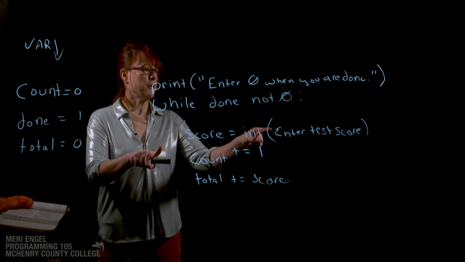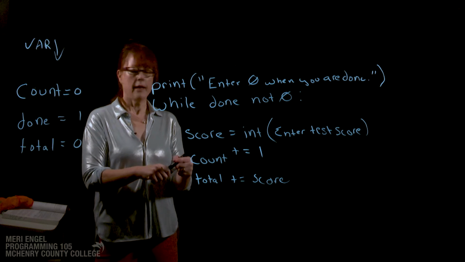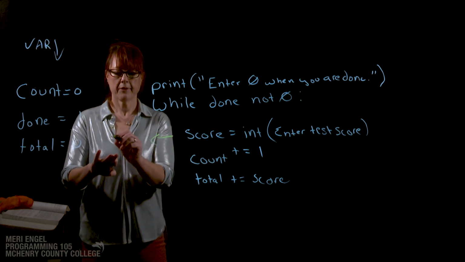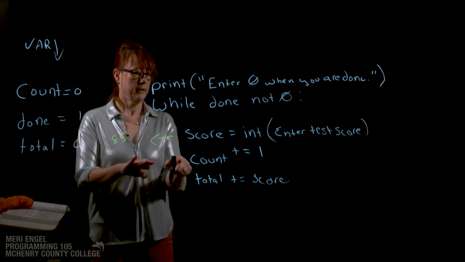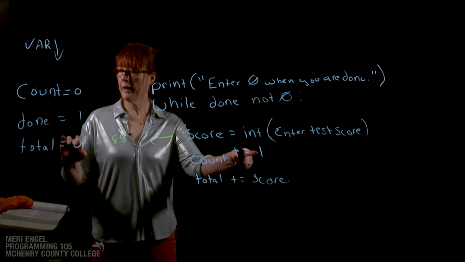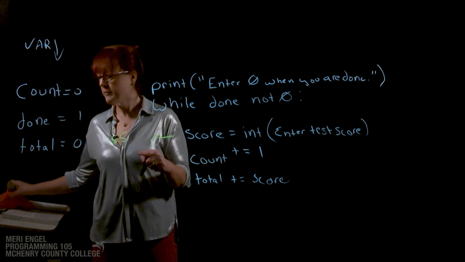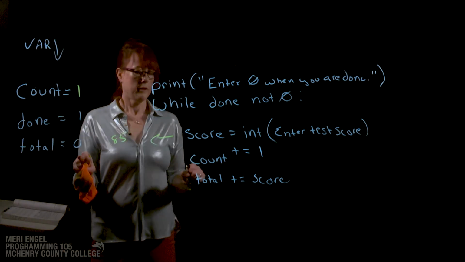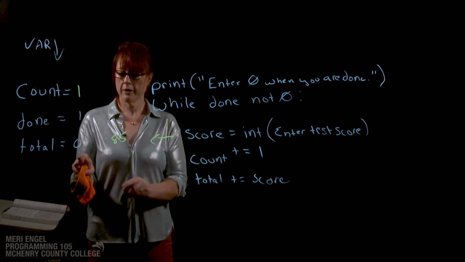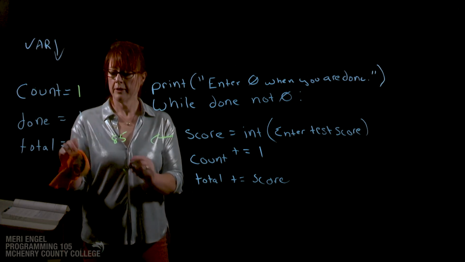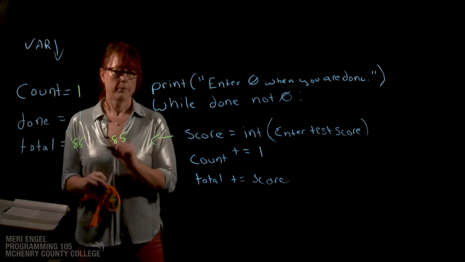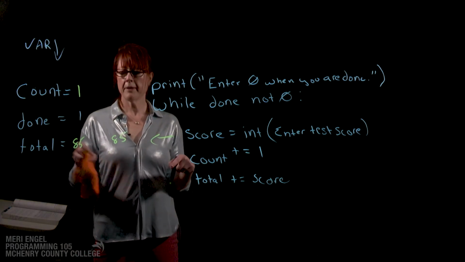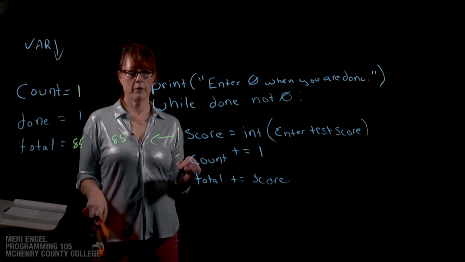So score equals enter the first test score, and we'll say that score equals 85. Count plus equals 1, so count is now equal to 1. Total plus equals score, so total is now equal to 85. But if I don't do anything else, this becomes an infinite loop because I'm not doing anything to change the value of done.